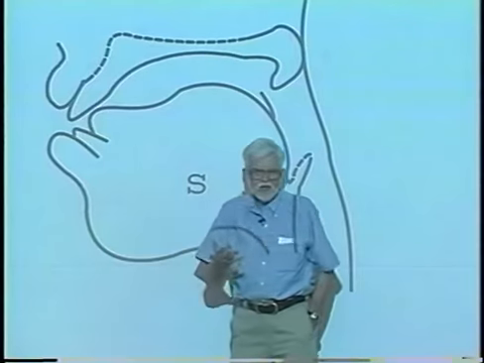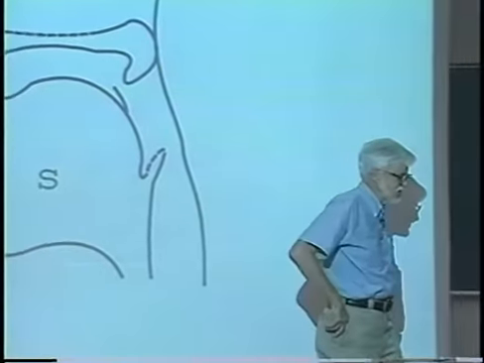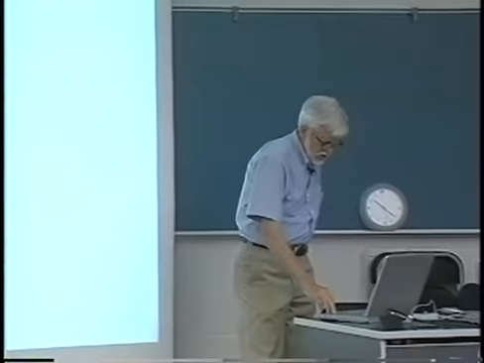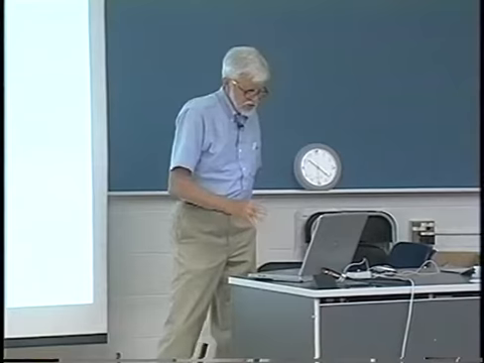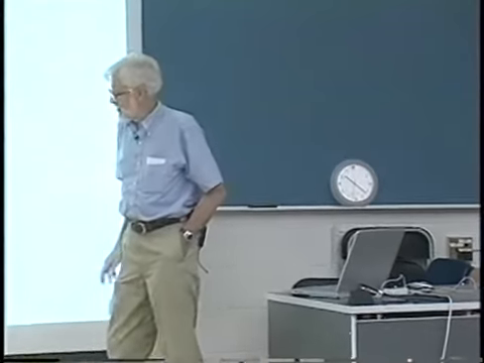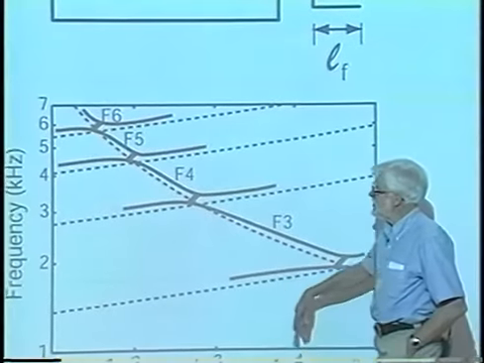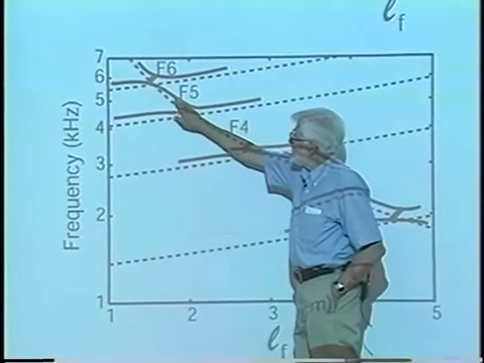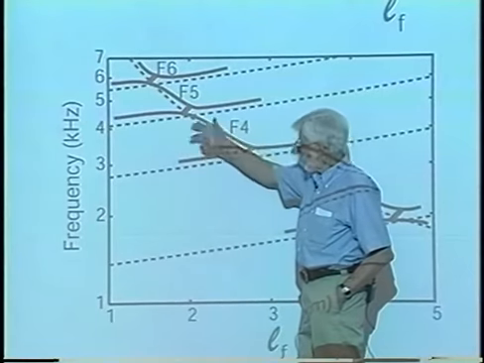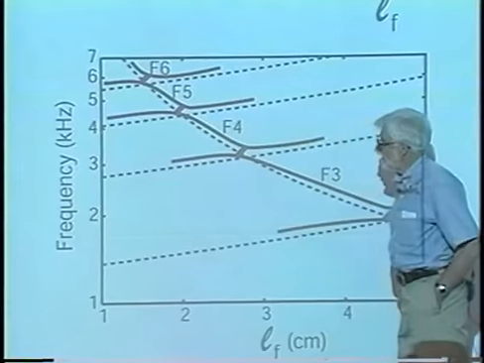So you'll go from an S to a sh, and you get some kind of abrupt change. If you plot this, again a model, as a function of the front cavity length, you get regions where the front cavity resonance, or prominence in the spectrum, will take these jumps as you make it longer.